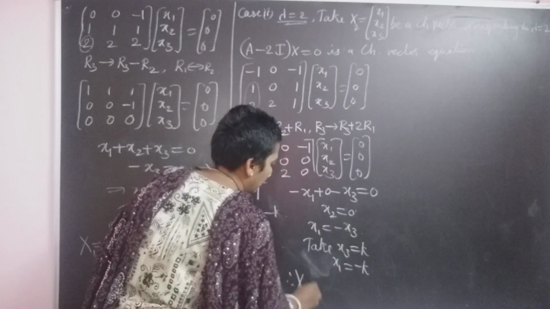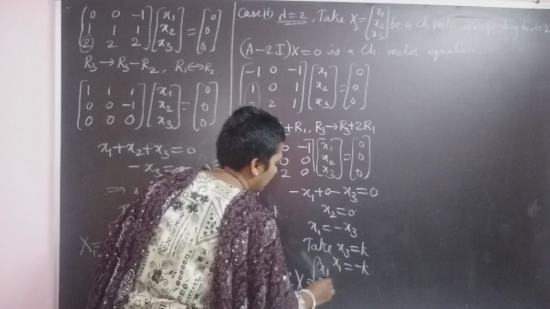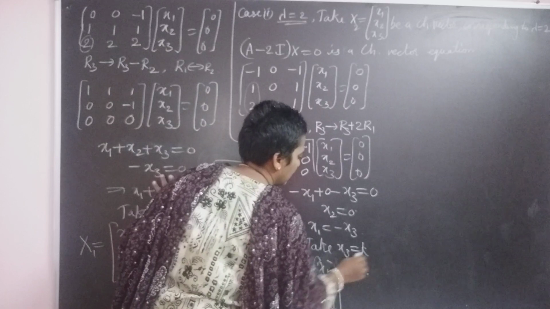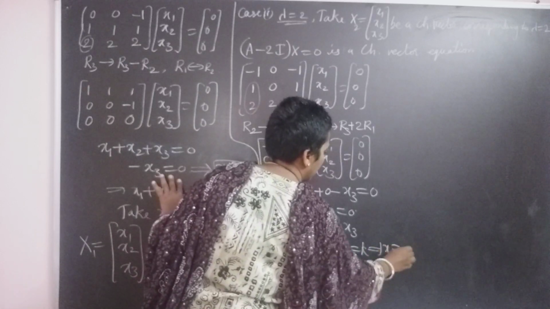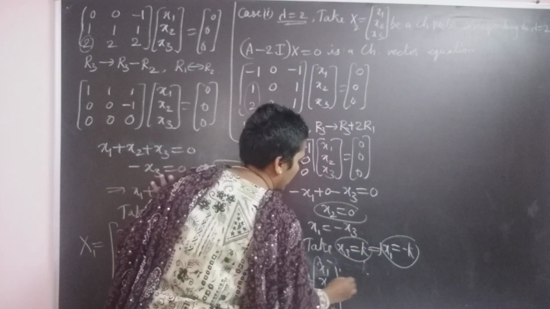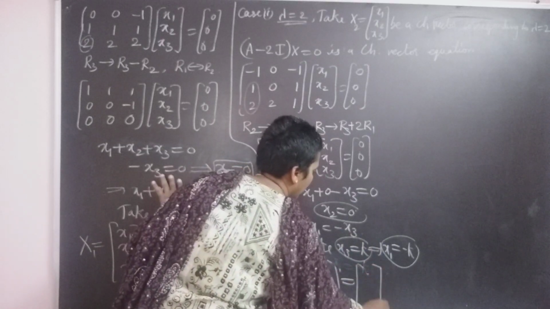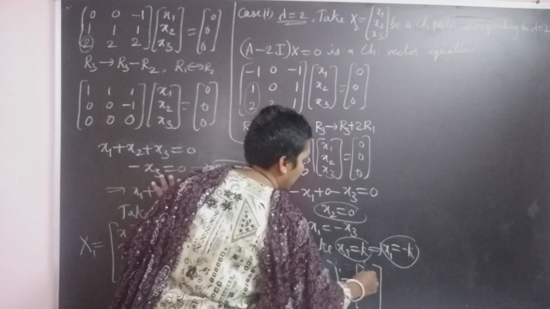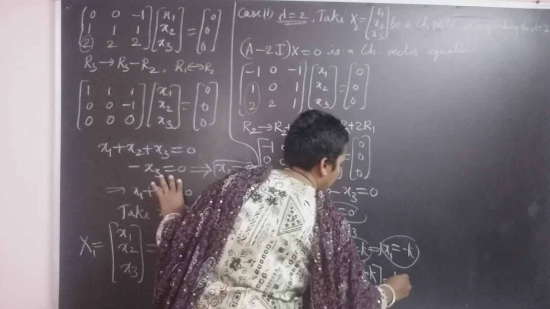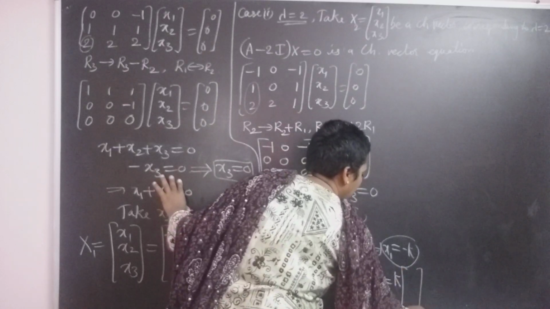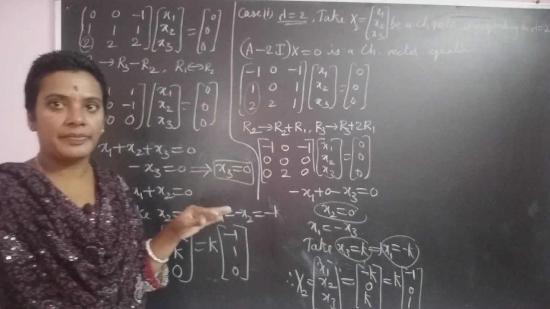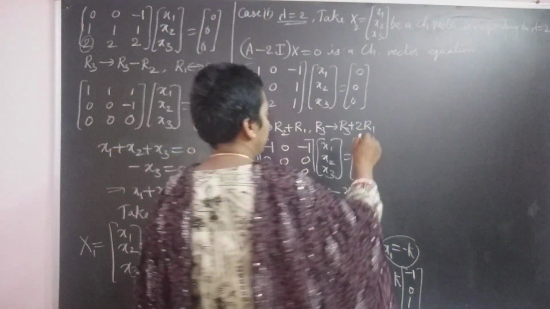Therefore, capital X2 equal to x1, x2, x3, that is x1 is minus k, x2 is 0, x3 is k. Taking k outside, minus 1, 0, 1. That is the x2 matrix.